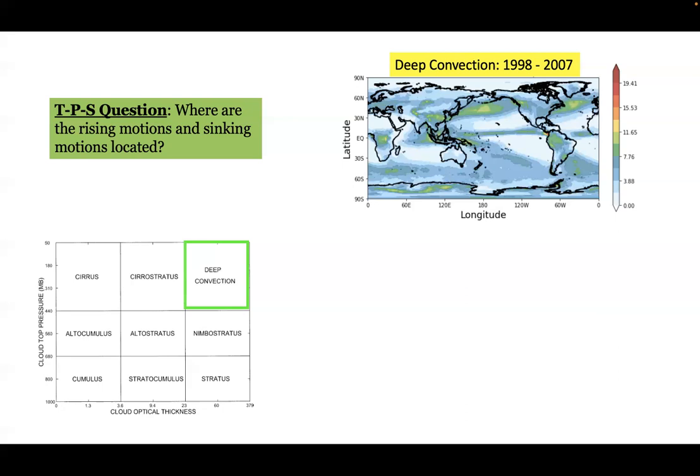Okay, so you're making two points already. Your first point is that you see a narrow band concentration of deep convection near the equator, and then there's a minimum immediately north and south of it. So you're saying there's a rising and sinking motion, right? It's a cell, and you also mentioned some land-ocean contrast.